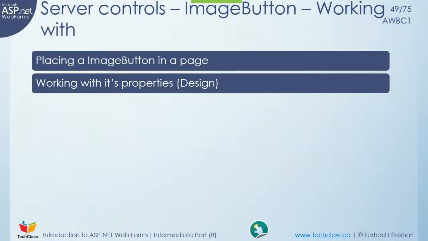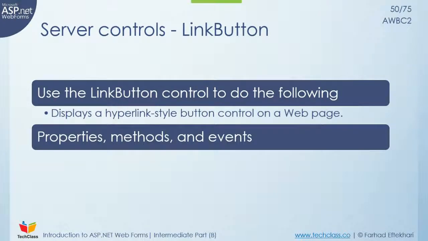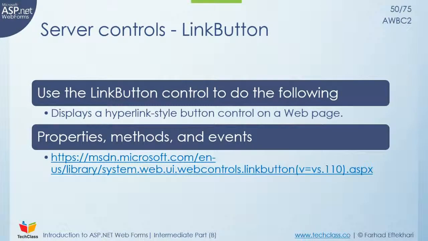And also we have another control, which is LinkButton, exactly similar to Button and ImageButton, but the difference is that instead of having a default button or image button, we can have a link button and insert some text, and when the user clicks on this text, it acts like a button.